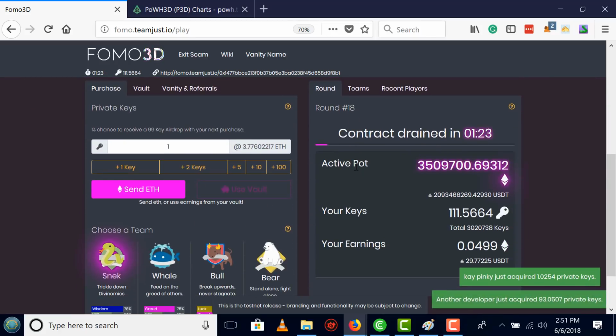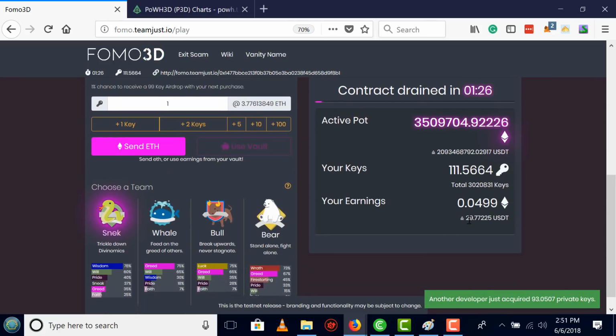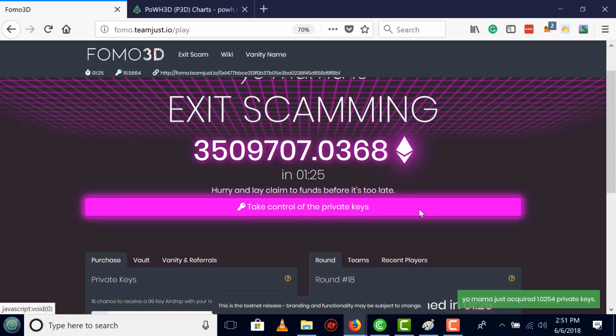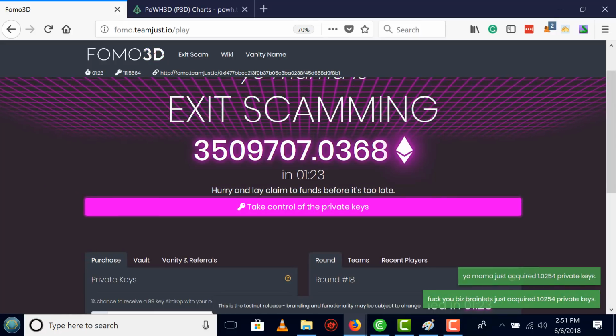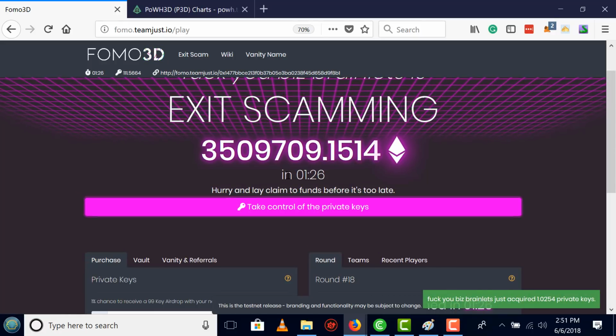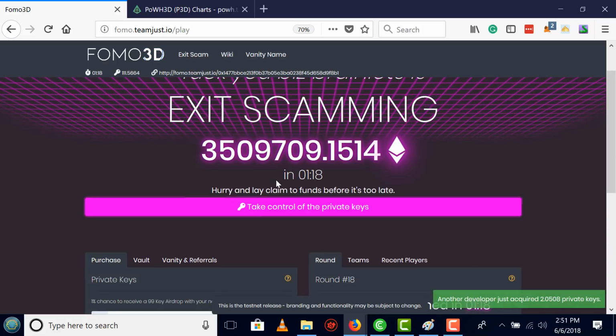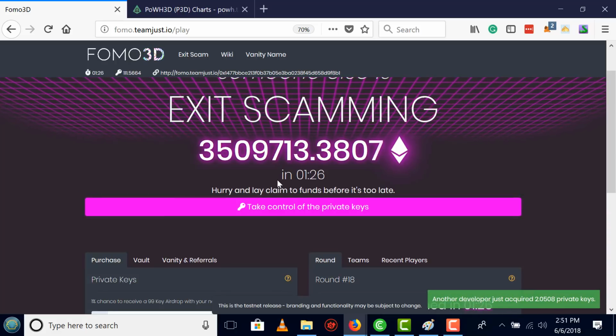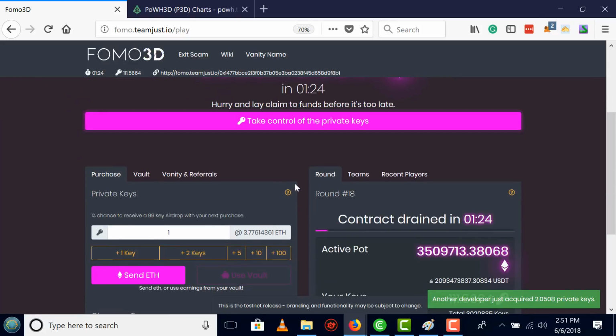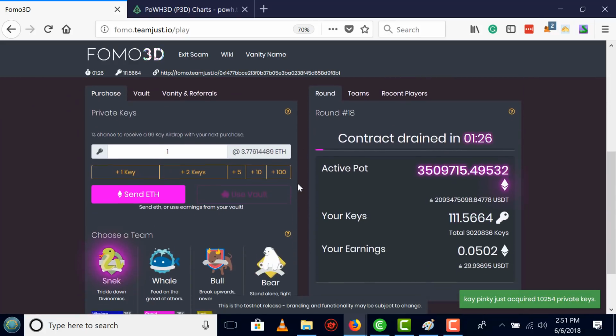The rest of it will get distributed among the holders of keys. And a portion of it will stay in the pot for the next round of the game, and the next round will start basically immediately. As well as a portion of all of the earnings will be distributed to P3d holders, the P3d ecosphere.